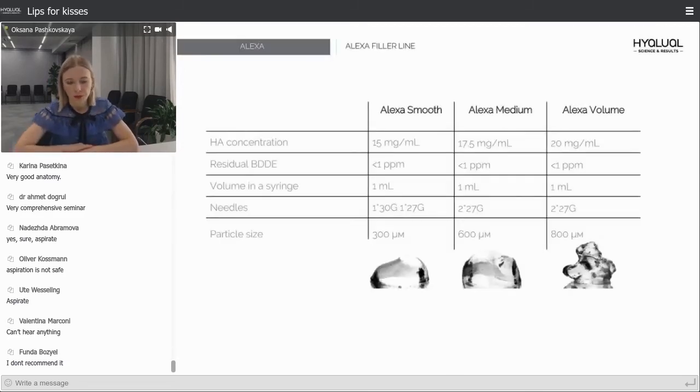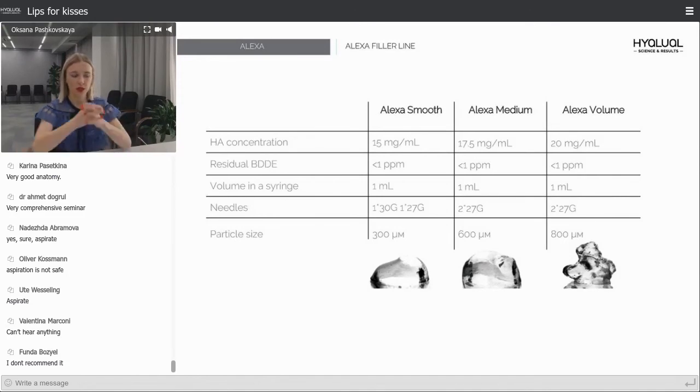So I would say that really I use each concentration of the filler line, Alexa filler line, to work with lips. Smooth, it's about smoker's line, about refreshing lips. You know that when a girl wants to hydrate her lips, I use Alexa Smooth.